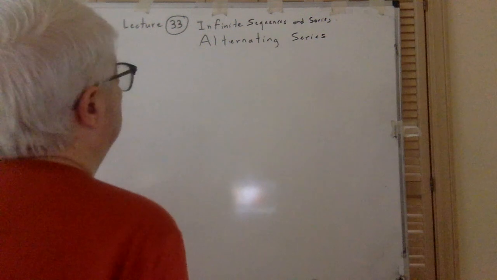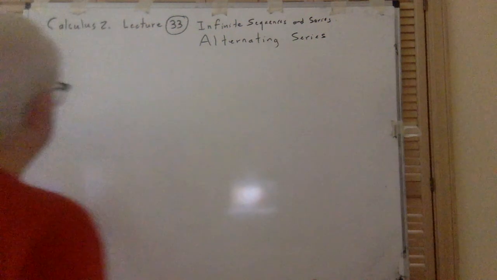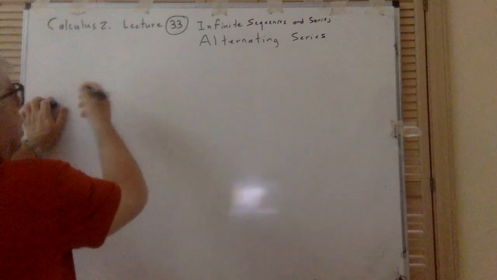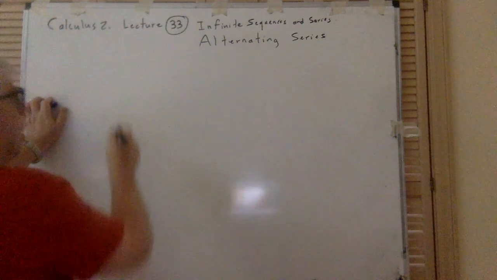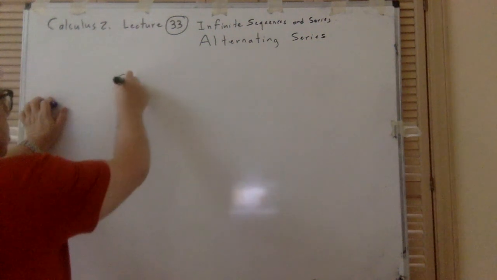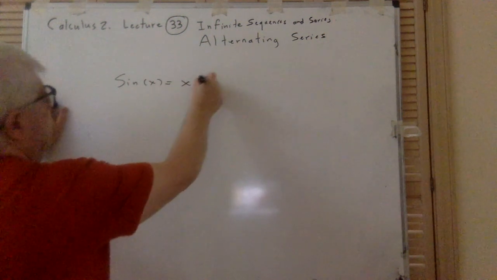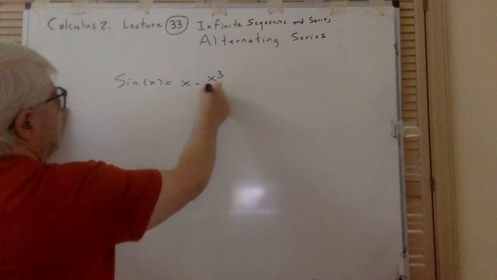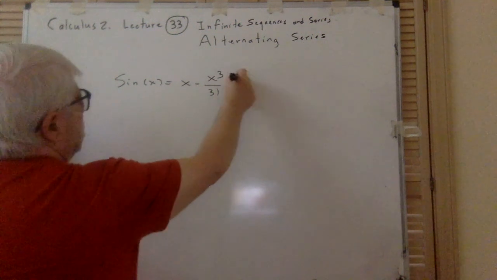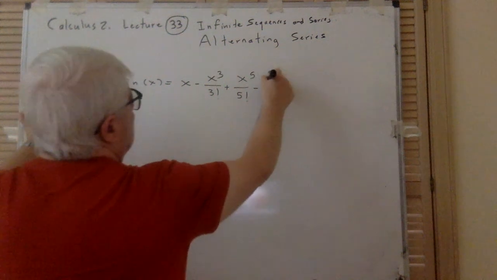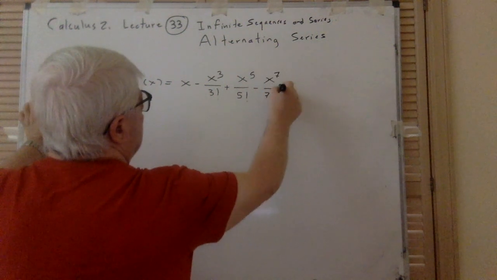And as I mentioned, there are so many amazingly interesting power series which are alternating. Let me say sine x, for example, is x minus x cubed over 3 factorial plus x to the 5 over 5 factorial minus x to the 7 over 7 factorial, and it continues.